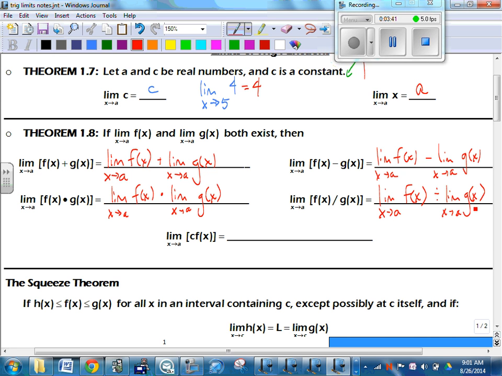So each one of those can be split up. So, like I said, in more complicated problems, splitting it up or looking at each piece individually can make it a little bit more manageable.